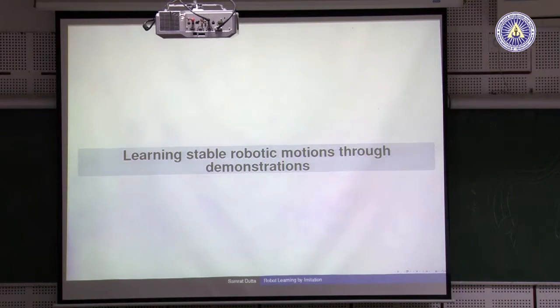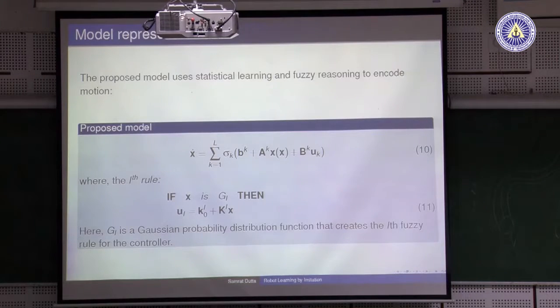So, we learn the motion using stable movement primitives; these local models are called primitives. You learn segments of motions and you combine all of them to generate the global motion. That is how primitive based modeling works. So, we propose our model in this way, where x dot is represented like this.